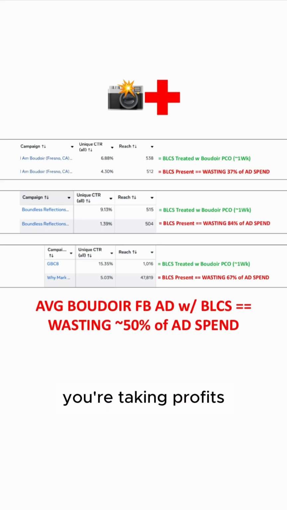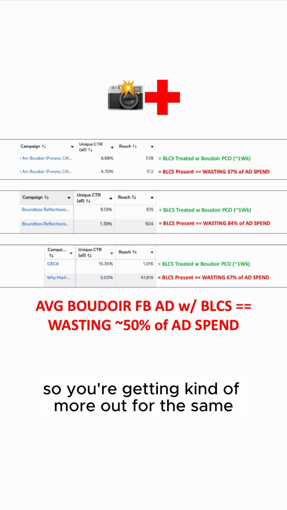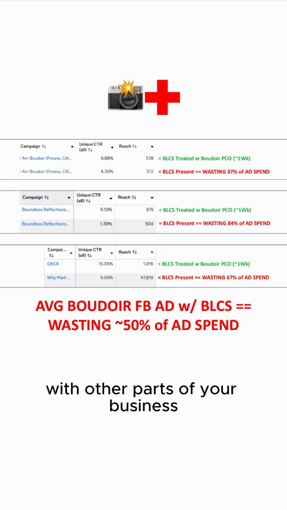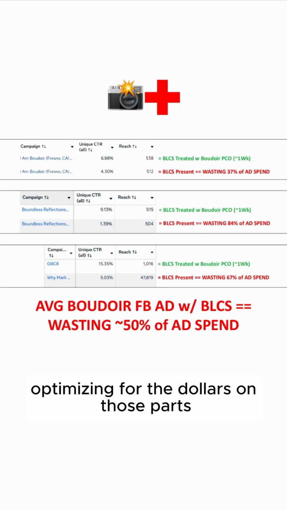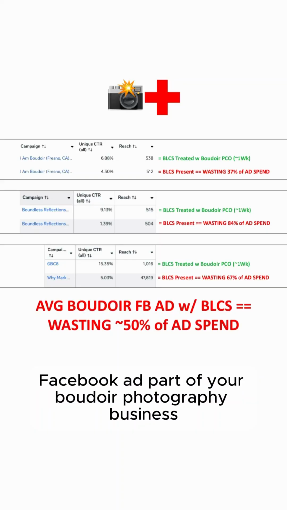So you've already decided you're taking profits and optimizing the other parts of your business, getting more output for the same inputs, being more efficient. Now you've decided you want to do it on the Facebook ad part of your boudoir photography business.